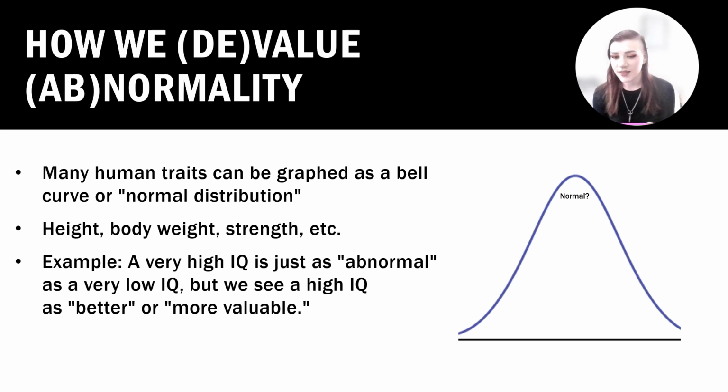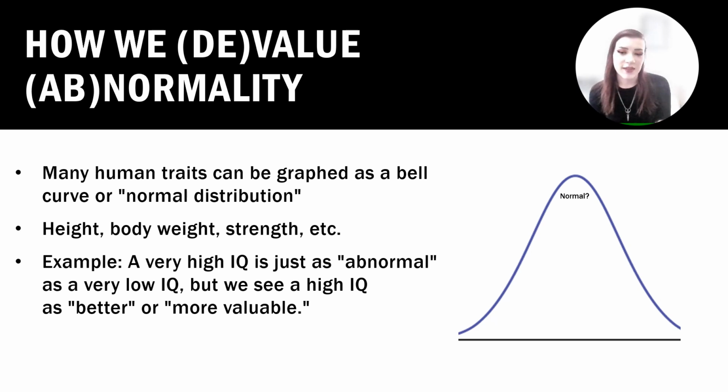But it's interesting to see people who are on these ends of the bell curve. These are equally as abnormal as far as being further from average, but we value them differently. So someone who has a very, very high IQ is just as abnormal as someone who has a very, very low IQ, right? Both people are very far from that average middle position.